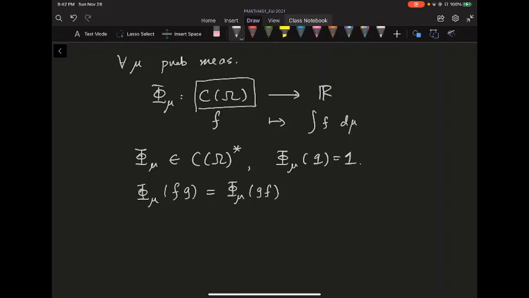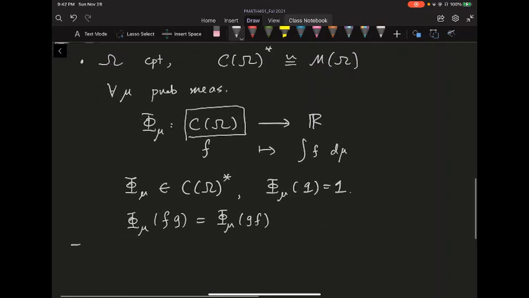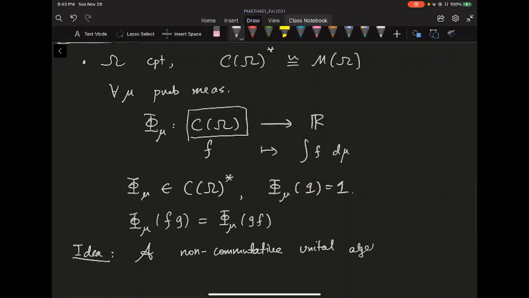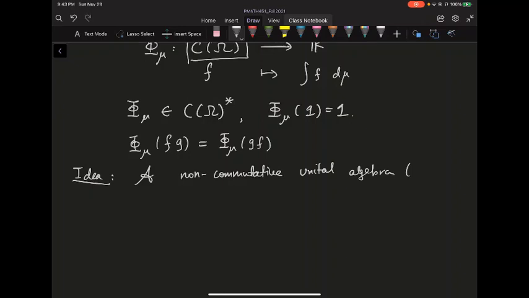And it turns out that's kind of the idea behind free probability. So the idea of free probability is the following. Suppose you have some A, which is non-commutative, and let's say it has a unit, so let's call it a unital algebra. If you learn functional analysis, this is actually called a von Neumann algebra, or there's a course about operator algebras you can take after functional analysis, where you learn these von Neumann algebras.